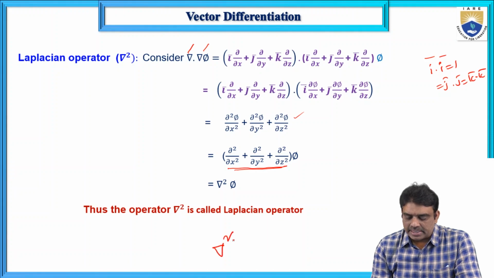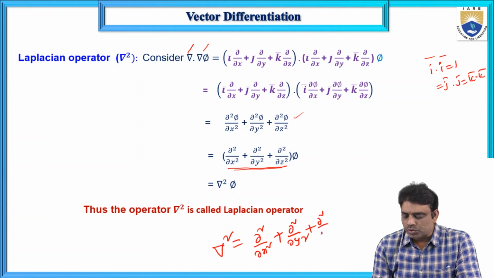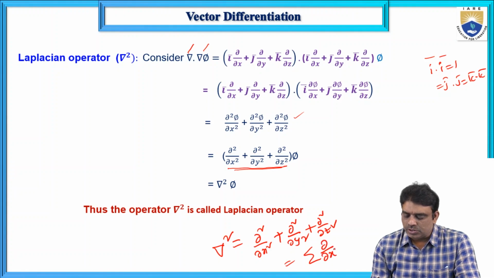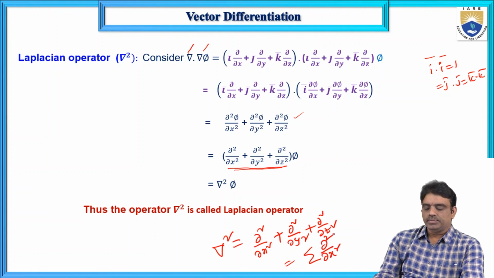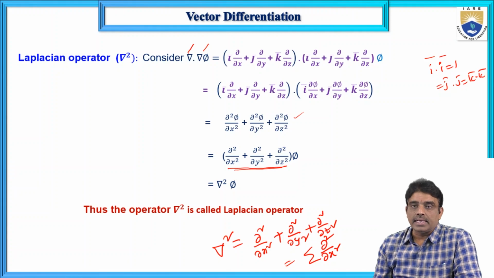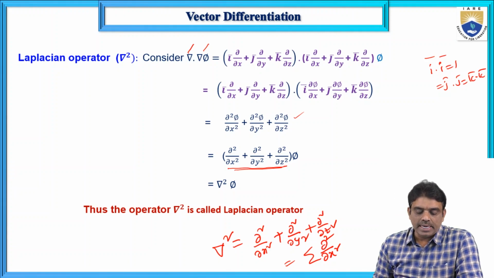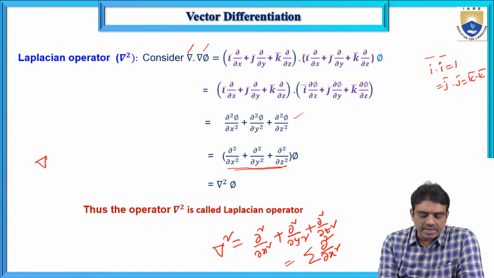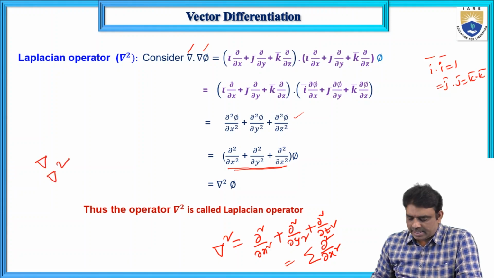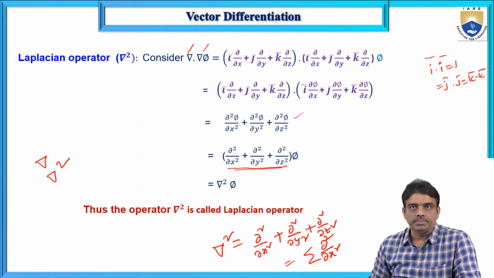The del square is nothing but dou square by dou x square plus dou square by dou y square plus dou square by dou z square, or in sigma notation, the sum of dou square by dou x square. This operator is known as the Laplacian operator. So del is a vector differential operator, del square is a Laplacian operator.